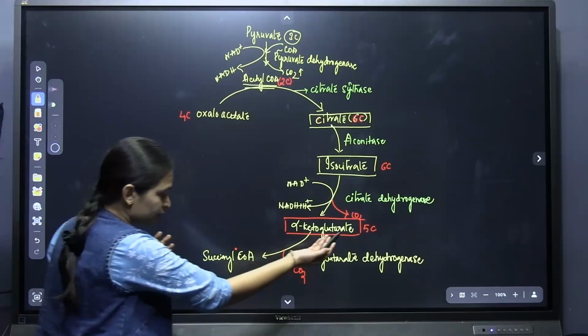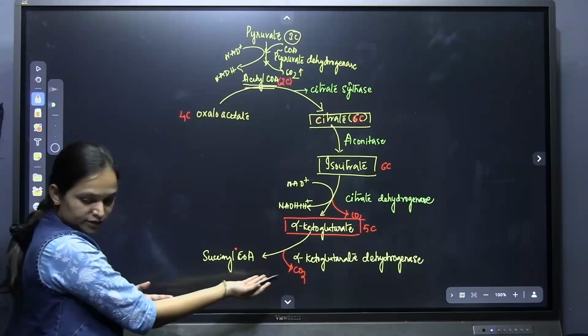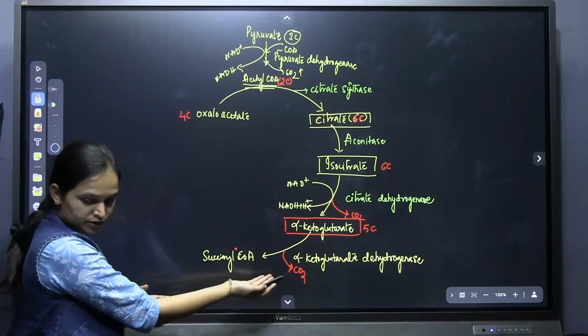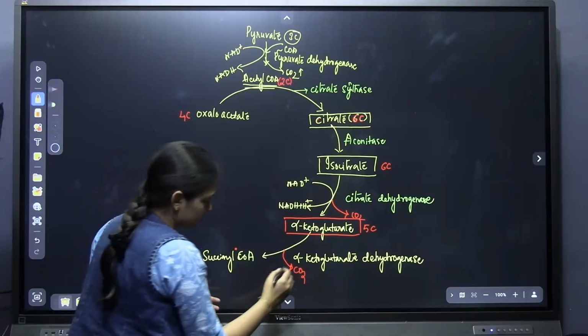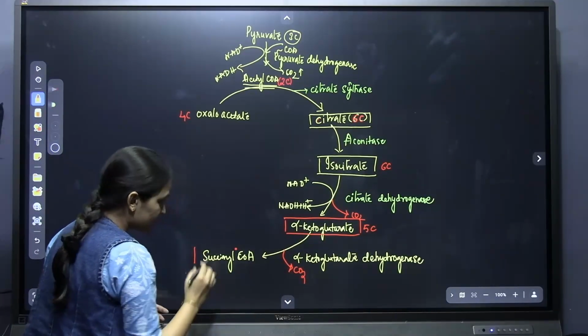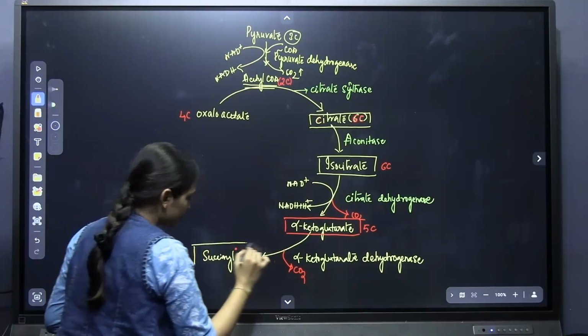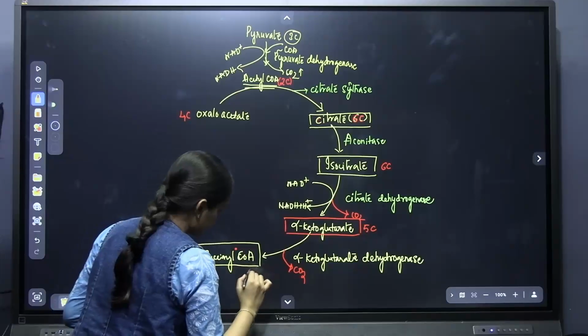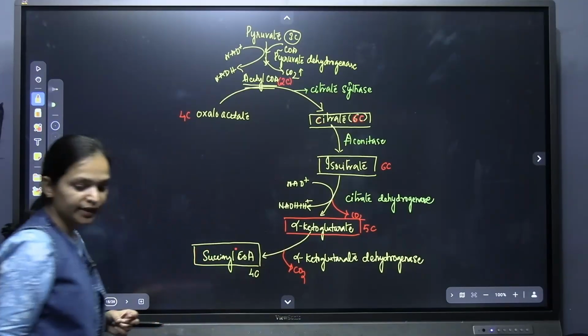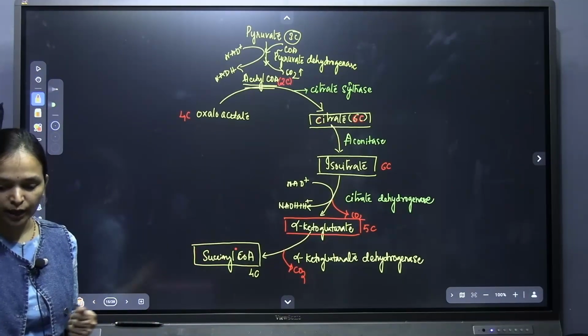From the 5 carbon molecule, again 1 carbon dioxide has evolved out of the cycle, which means the succinyl CoA is now a 4 carbon molecule. Agree with me? It is a 4 carbon molecule.